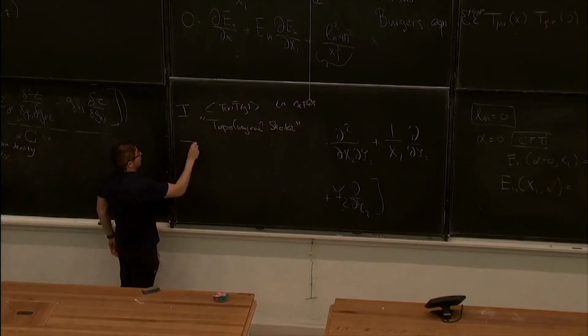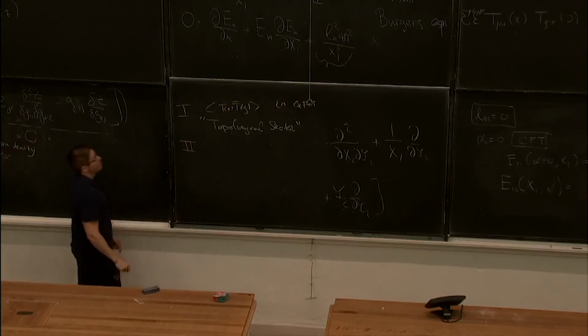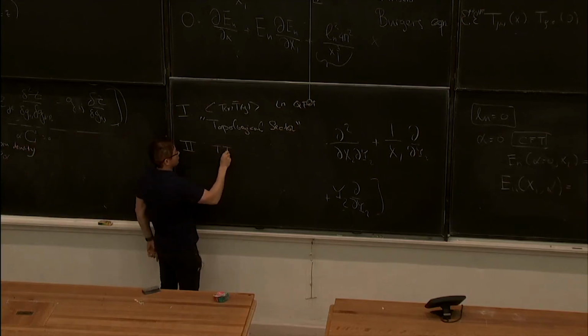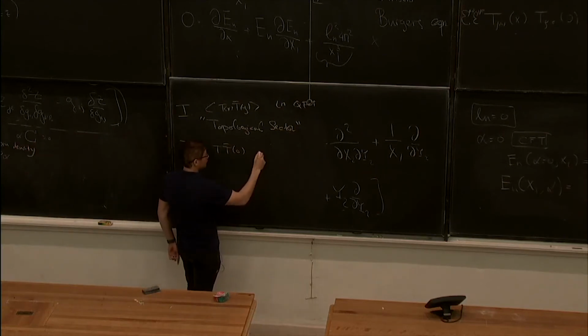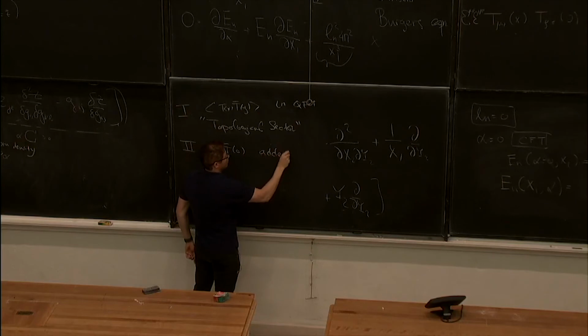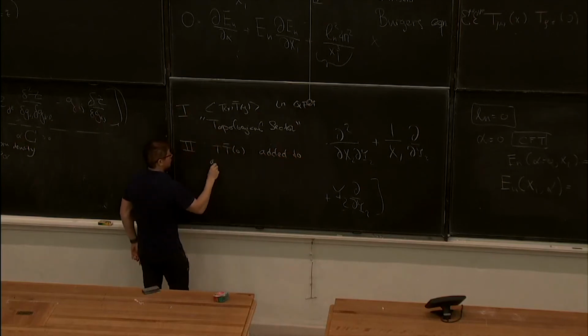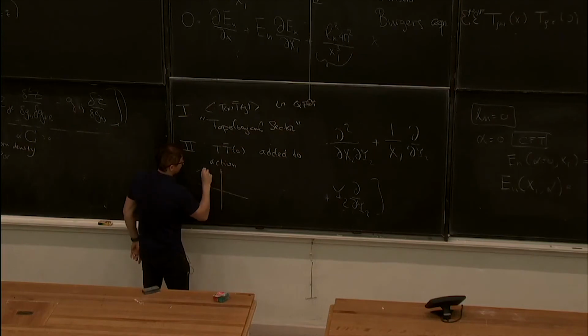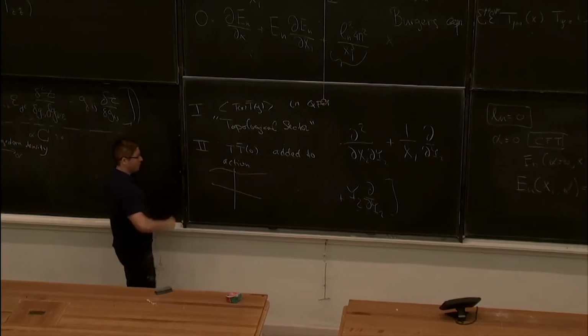That's the first aspect. The second aspect is adding this funny operator to the action. And then there's this picture that we're trying to define a space of theories.